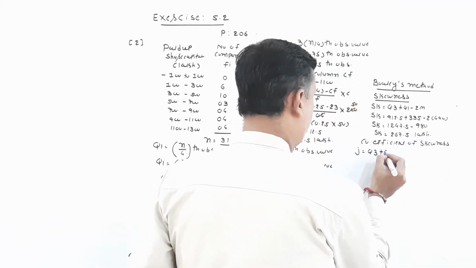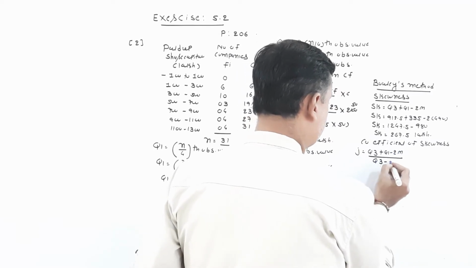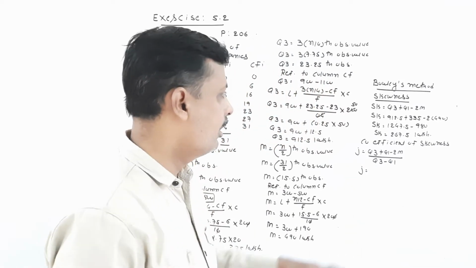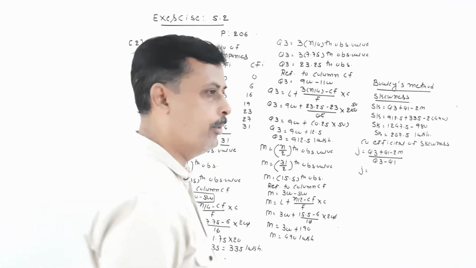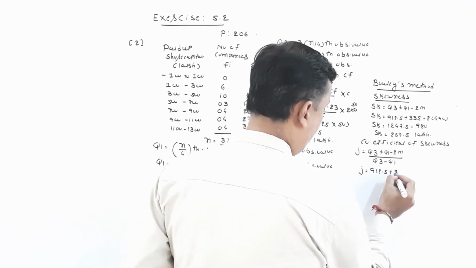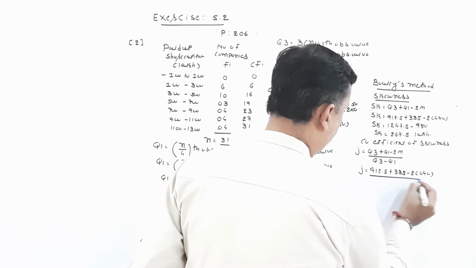Now coefficient of skewness, J is equal to Q3 plus Q1 minus 2M upon Q3 minus Q1. Q3 912.5, Q1 335, median 490.